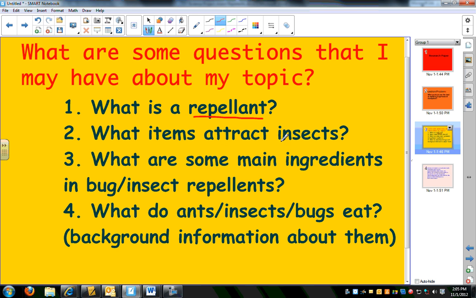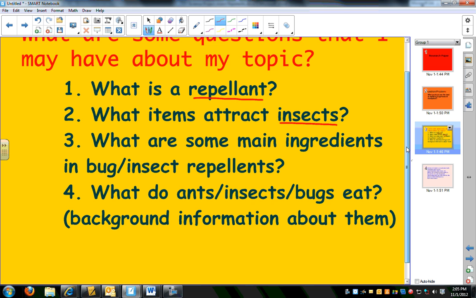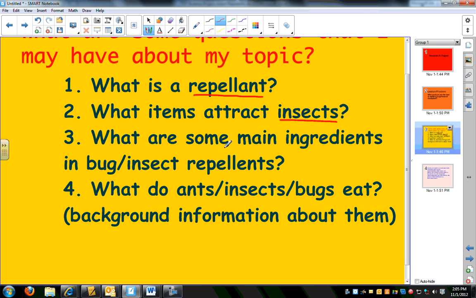Okay, what items attract insects and why would this information be important? If you know what attracts the insect, then maybe those are some things that you can avoid happening in your campsite. Some other information. What are some main ingredients or components of a bug or insect repellent?